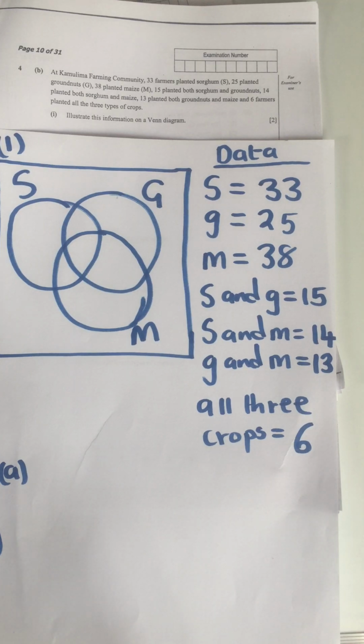So the first question reads as, illustrate this information on a Venn diagram.